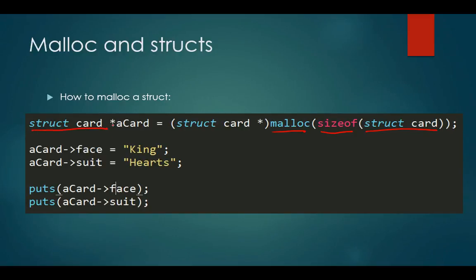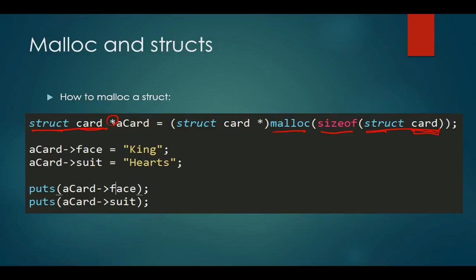When we want to make that a pointer, we use struct card and include the asterisk. Struct is the keyword, card is the name, the identifier tag of the structure that we've created. So that's what we provide here: struct and then whatever the identifier tag is for the structure that we want to get the size of.